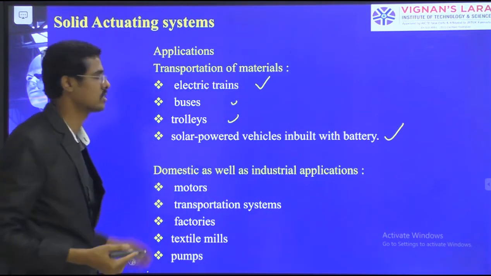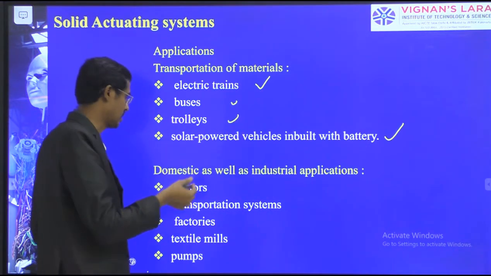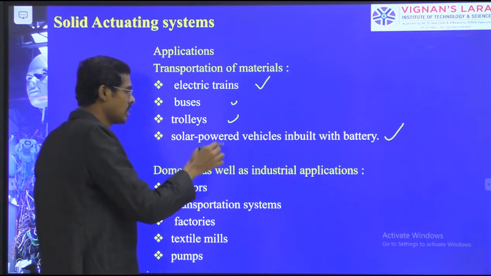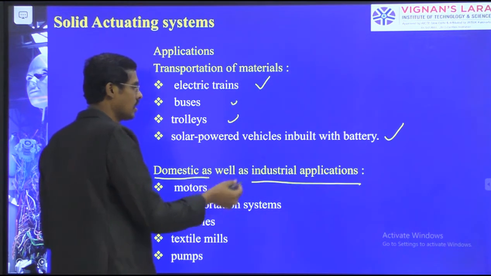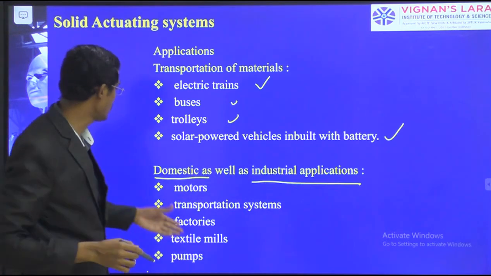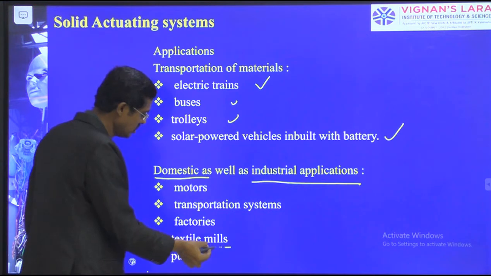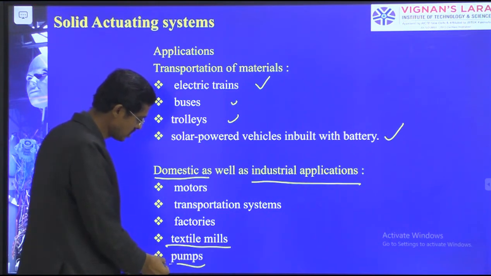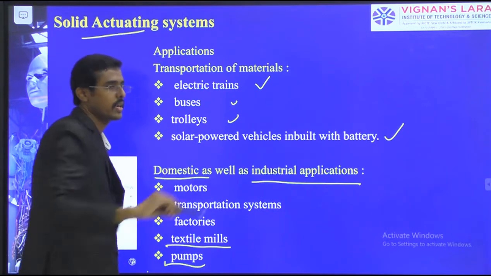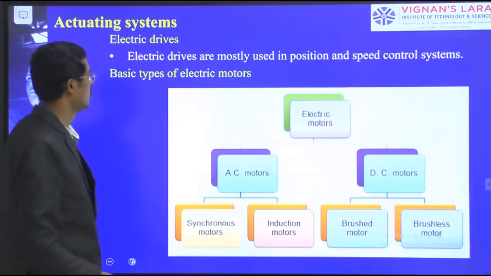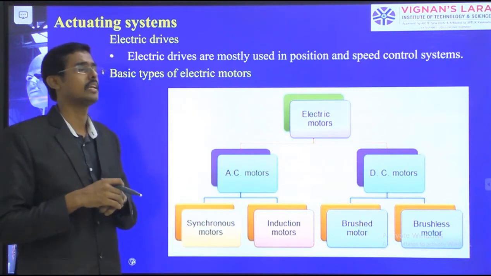The Tesla cars they have built now, otherwise solar powered cars, some electrical cars we can take. Domestic as well as industrial applications also: home appliances and industrial appliances where we use motors or transportation systems in factories, textile mills or the pump industries. Everywhere we are using these actuating systems.